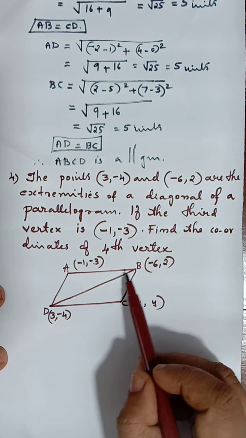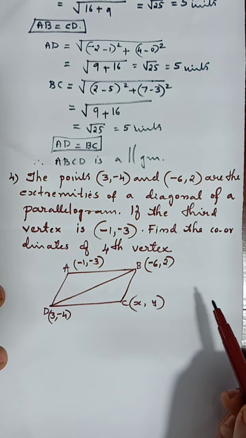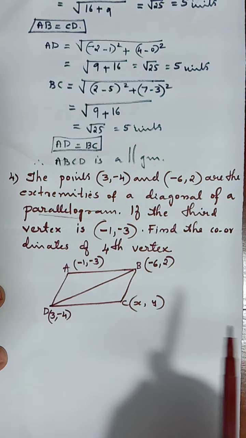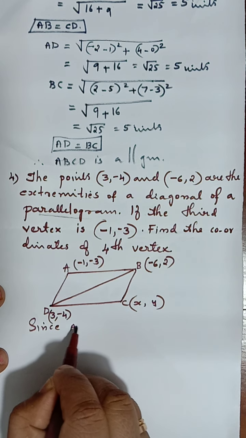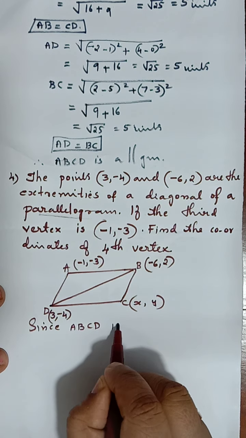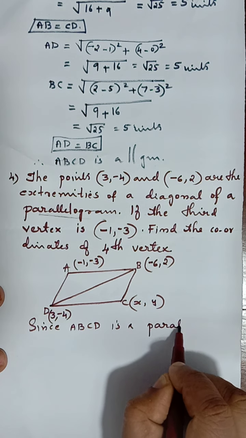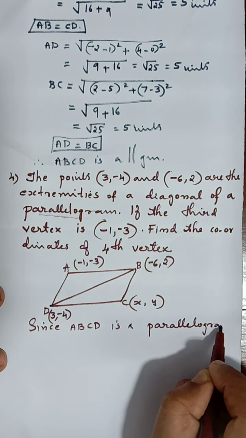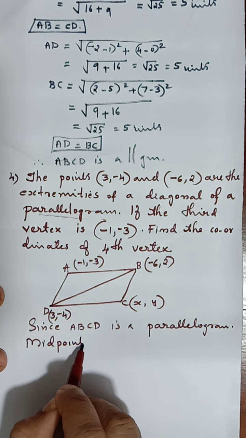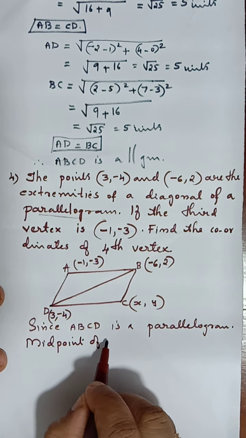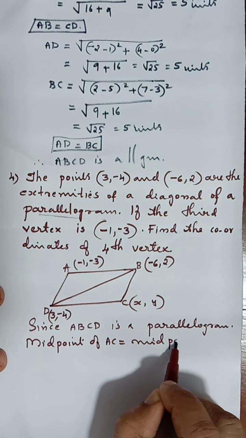So here we can find the midpoint of BD, and similarly midpoint of AC will be equal since they have given it as a parallelogram. So here we have to write, since ABCD is a parallelogram, midpoint of AC equal to midpoint of BD.